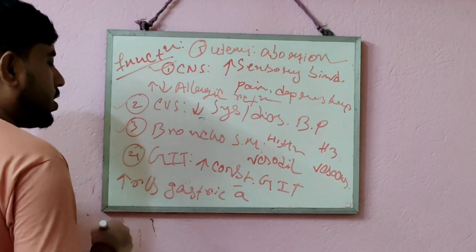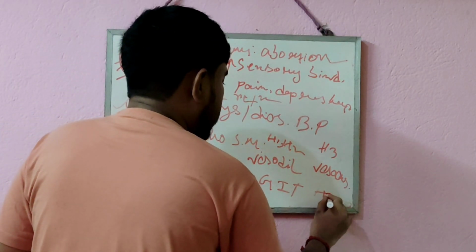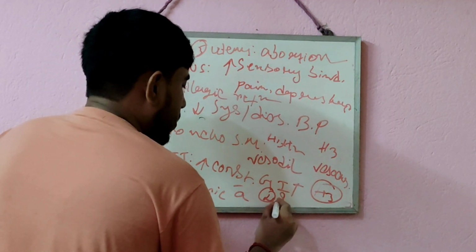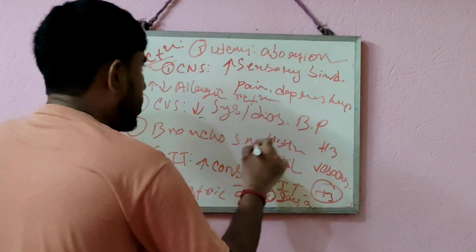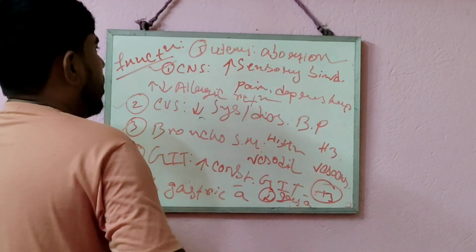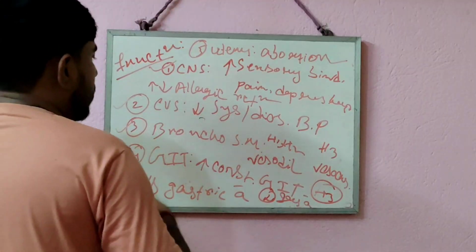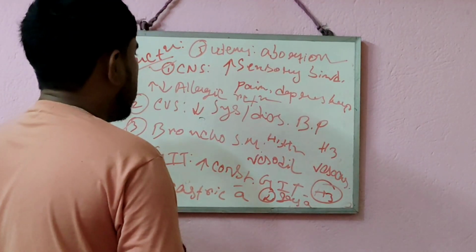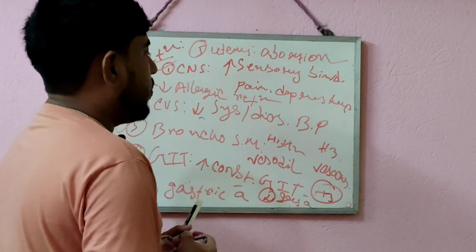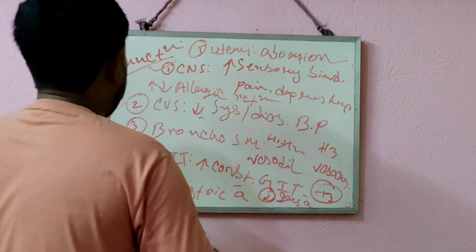But the opposite happens when histamine binds with the H3 receptor: it decreases the release of gastric acid. So these are the common physiological actions done by histamine in our body. It is a very important autocoid involved in performing different physiological actions which are very important for our body.